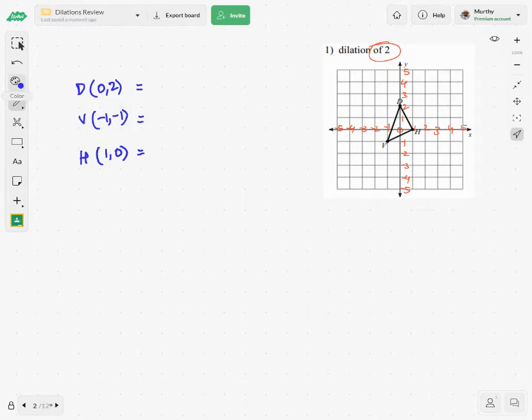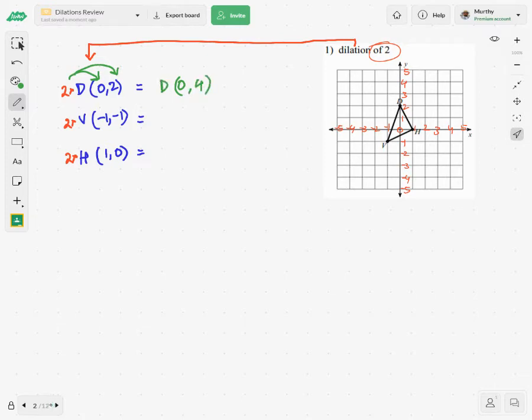Now, the scale factor is given as 2. Therefore, you have to take 2 times all these values. So 2 times 0 gives me 0, then 2 times 2 gives me 4.